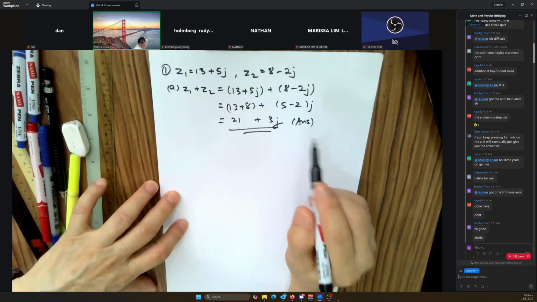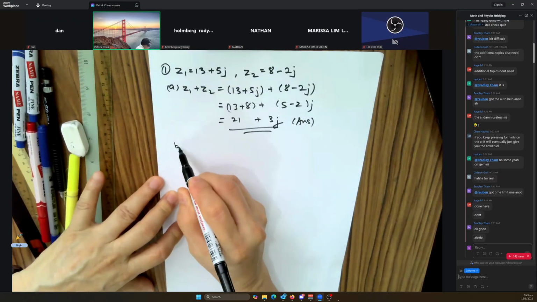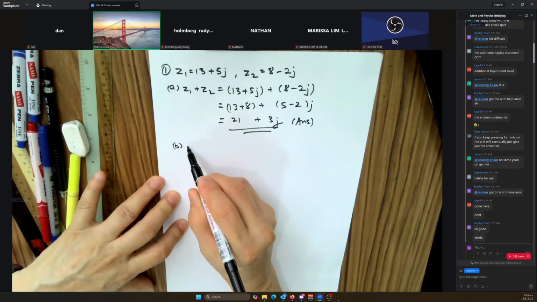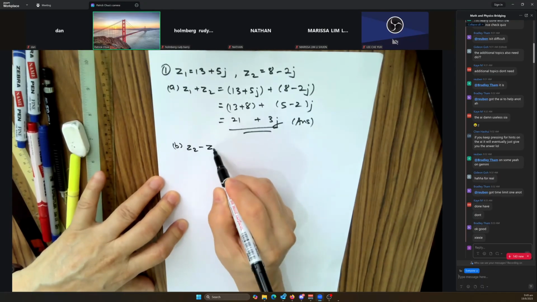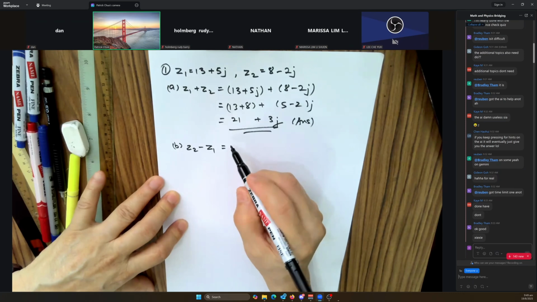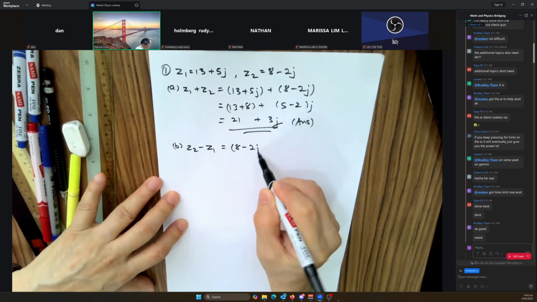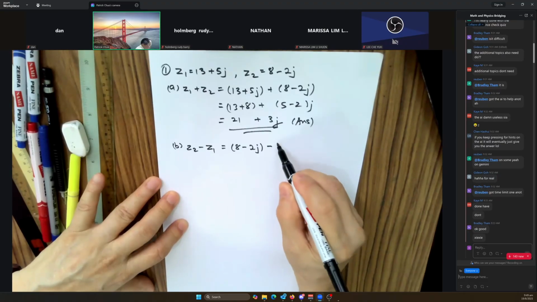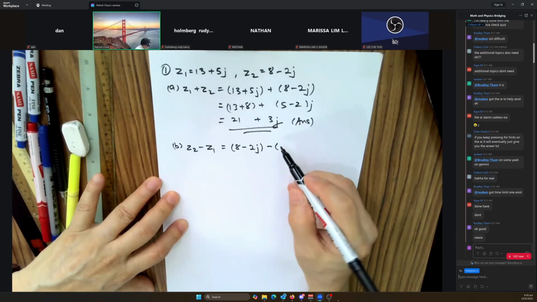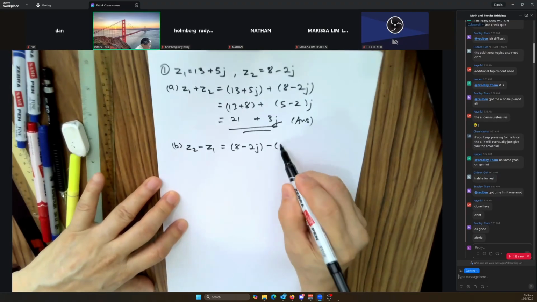Straightforward. Then B, subtraction, Z2 minus Z1. So we have 8 minus 2J, that's your Z2, minus Z1, which is 13 plus 5J.